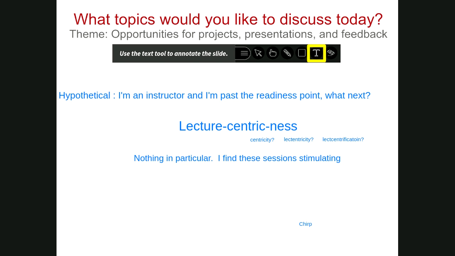Maybe we can find the boundaries of that and see where we can find alternatives or better practices that may carry back when we get back to the lecture-centered space.